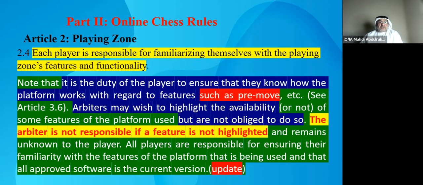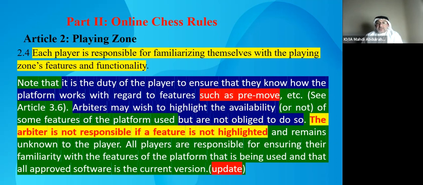And also each player is responsible for familiarizing themselves with the playing zone's features and functions. So when you go to the playing zone, you have some features you can use, and this is your responsibility. It is the duty of the player to ensure that they know how the platform works with regard to features such as pre-move.